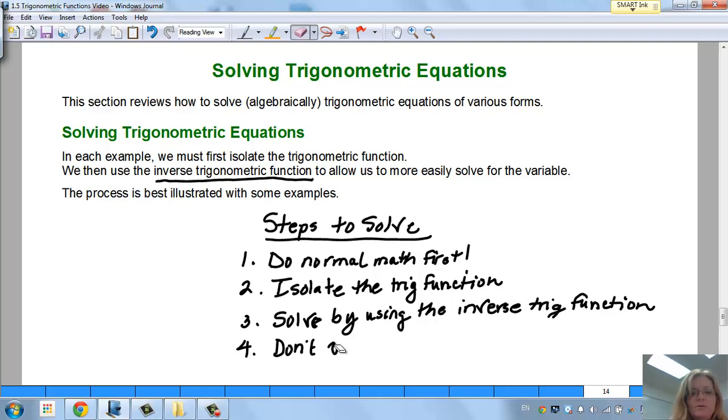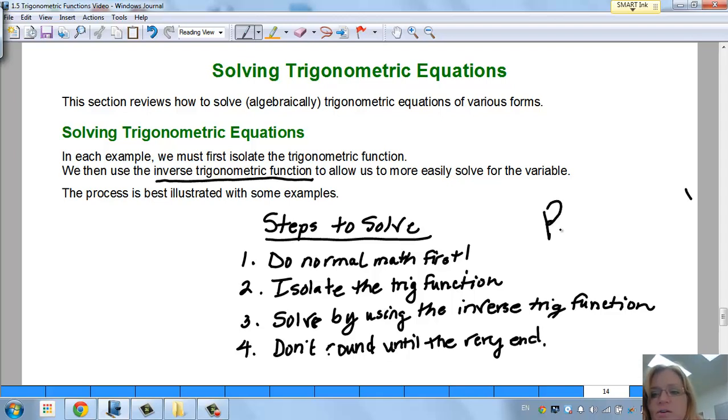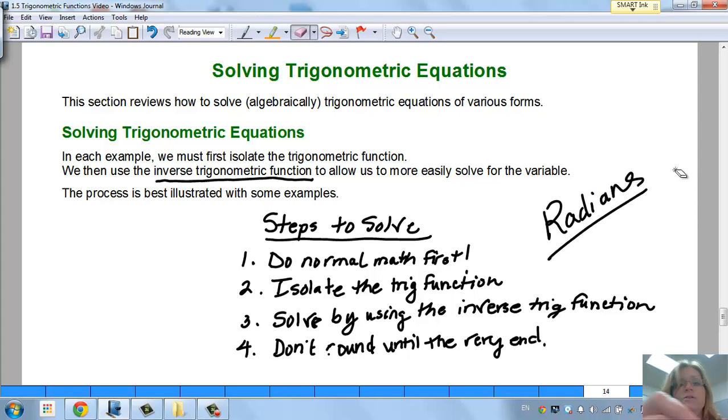Sorry, that's round, that's an R, guys, until the very end. And the thing that I want to tell you before is your calculator needs to be in radians or it won't come out right. So everything here is in radians. Please make sure you're not in degrees or your answers won't come out right.